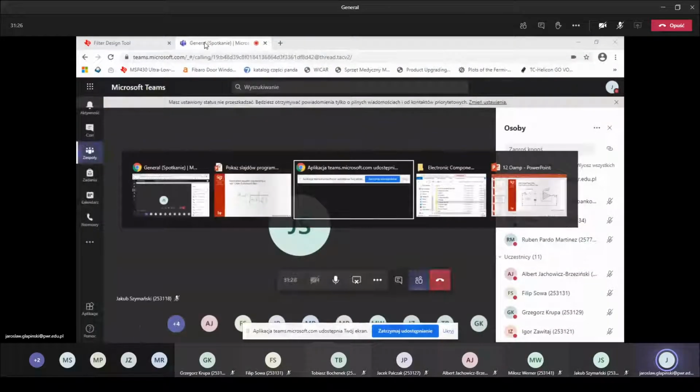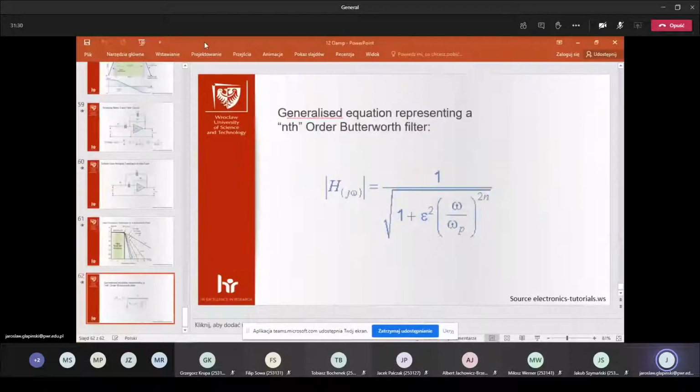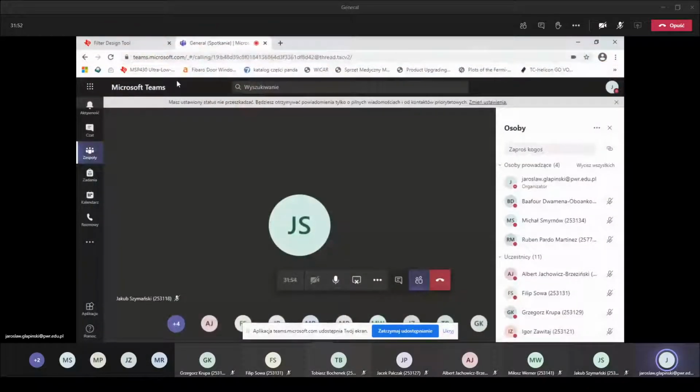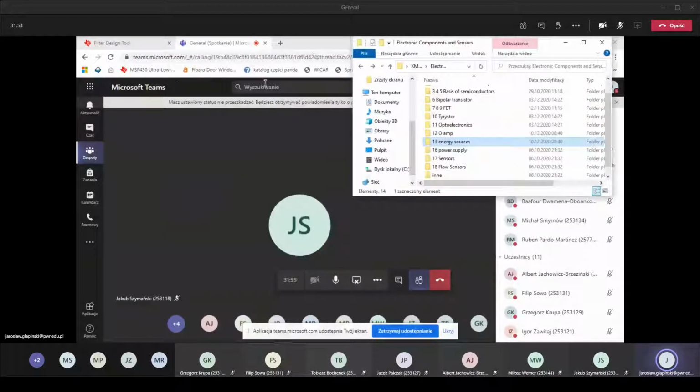Generally this is not the end of the topic of operational amplifiers, but for this lecture it is the end. If someone wants to know more, they can study more.